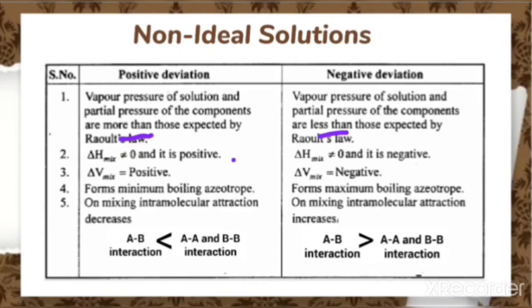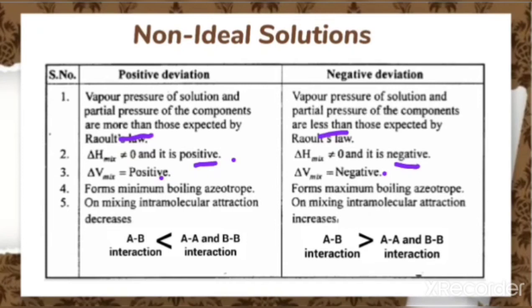Here delta H mixing is not equal to 0, that means it is a positive value, and here it is a negative value. Delta V mixing is positive here, and delta V mixing is negative here.